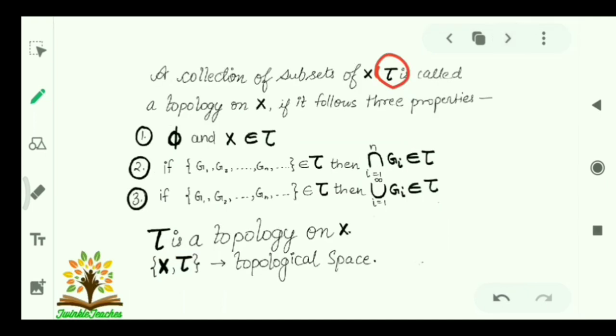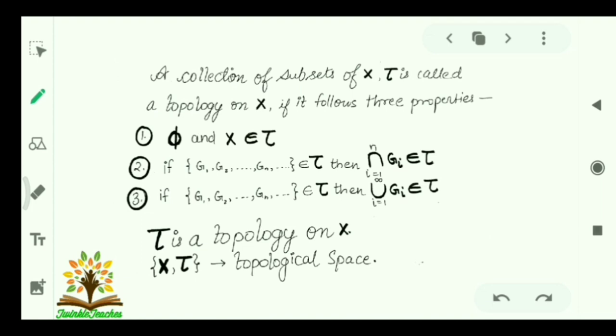A collection of subsets of X, that is tau, is called a topology on X if it follows three basic properties. First property says that the empty set and the set itself should belong to tau.